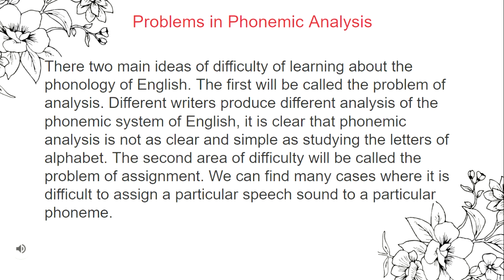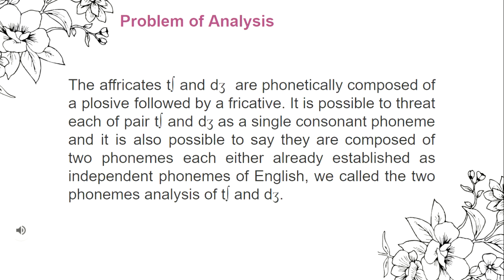The second area of difficulty will be called the problem of assignment. We can find many cases where it is difficult to assign a particular speech sound to a particular phoneme. Problem of analysis. The affricates t-esh and d-zh are phonetically composed of a plosive followed by a fricative.